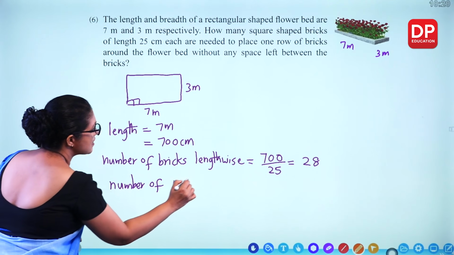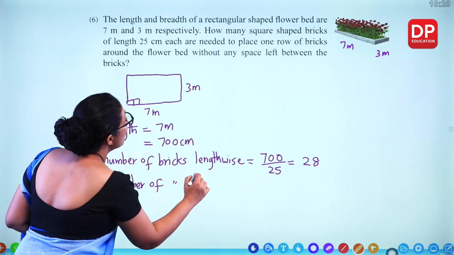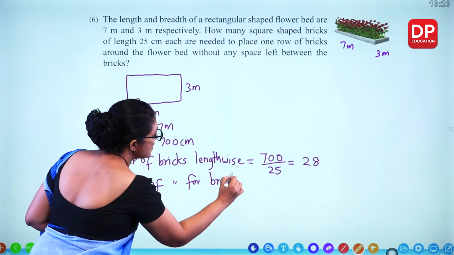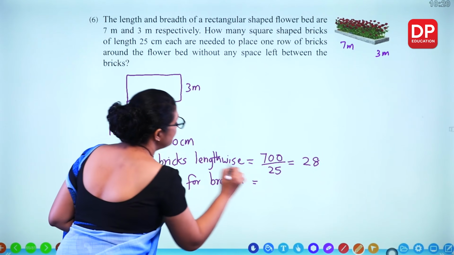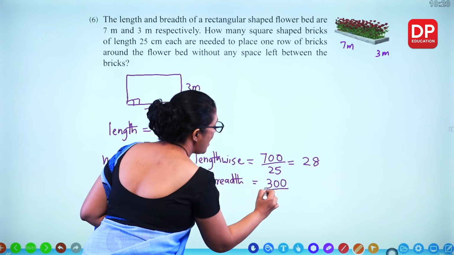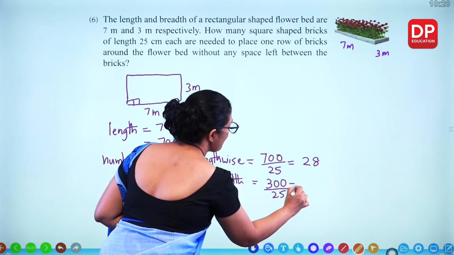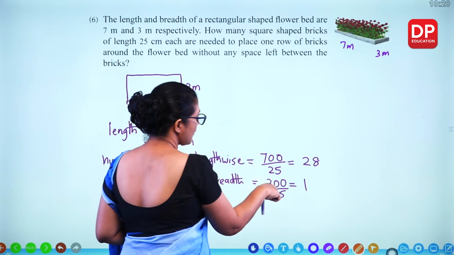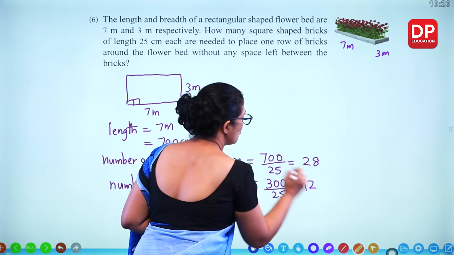Number of bricks for breadth side, 300 is the length, divide by 25. What's that? 25, and for 50 that's 2.